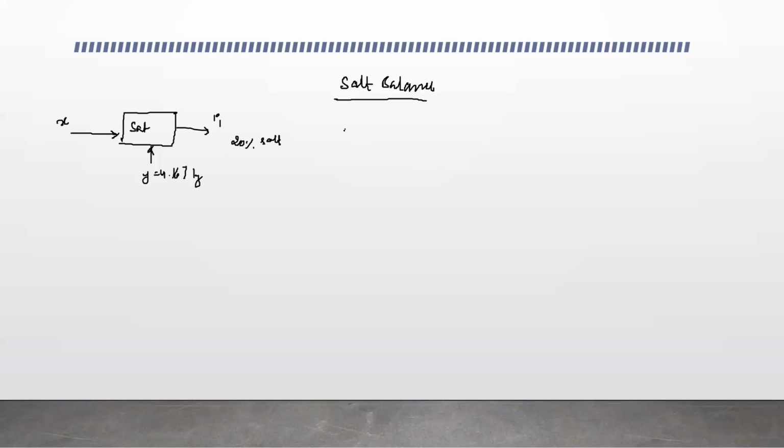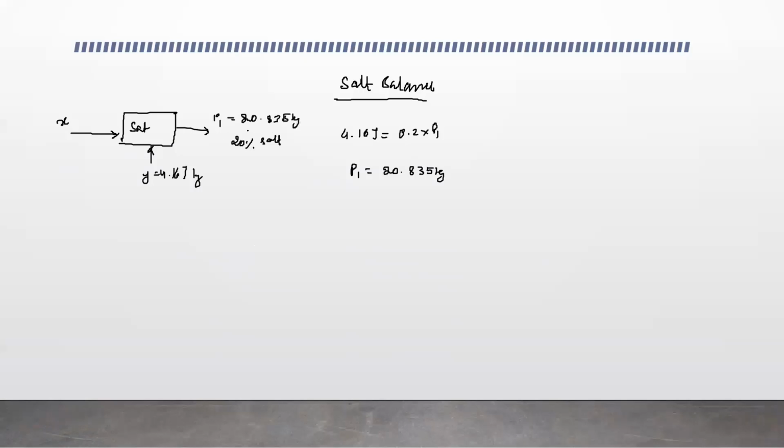So the salt balance gives us 4.167 is equal to 0.2 into P1. So P1 is 4.167 upon 0.2, which comes out as 20.835 kg.